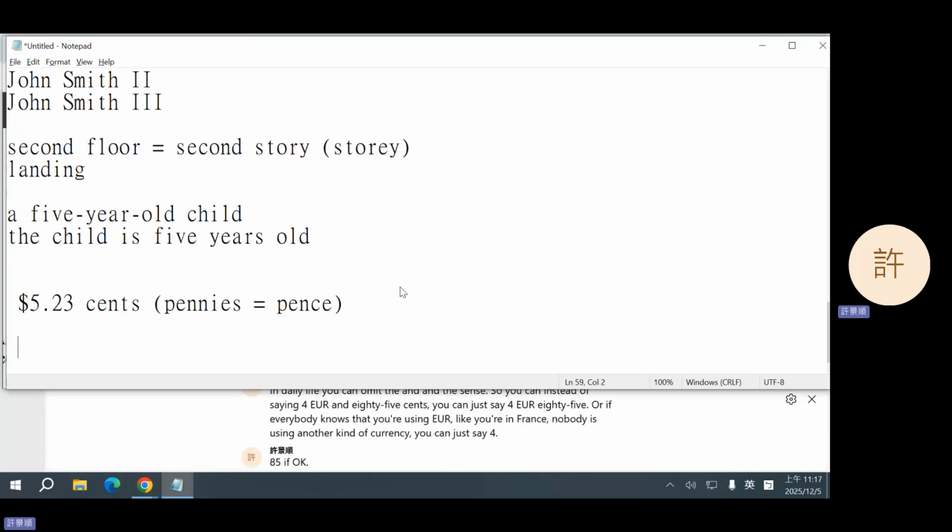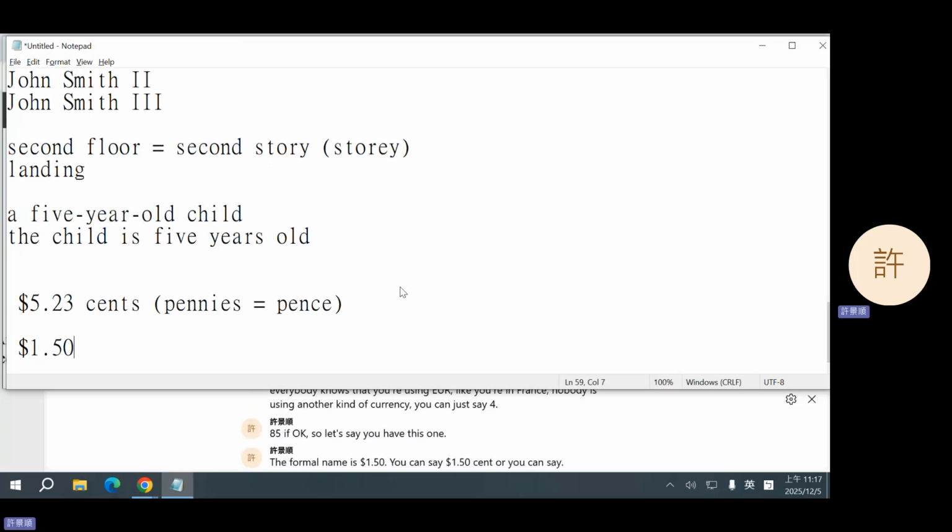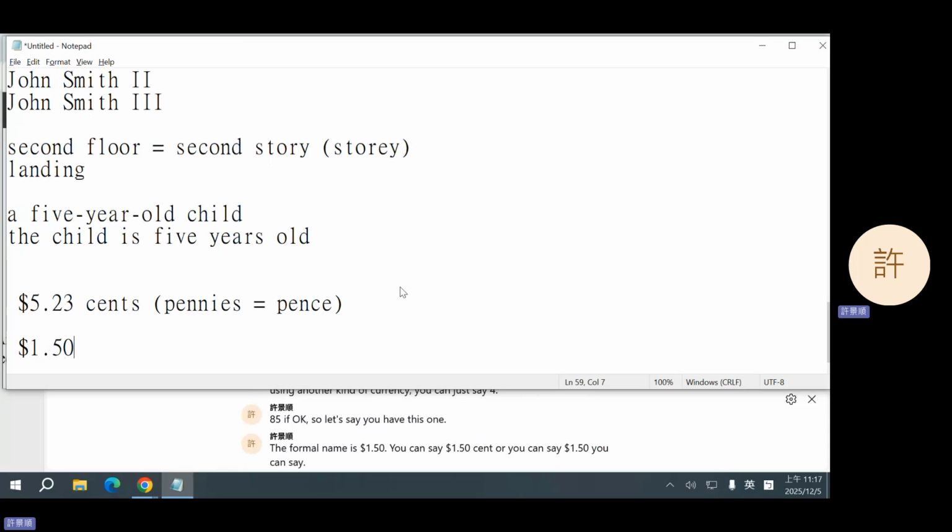Okay, so let's say you have this one. The formal name is $1.50. You can say $1.50. You can even just say 150.